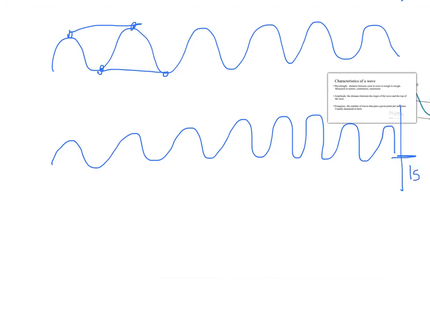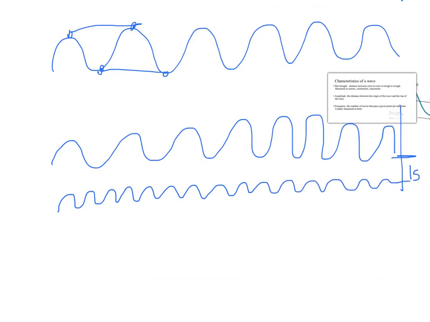So it's the number of waves that pass a given point per unit time, and notice that a short wavelength will produce a high frequency.